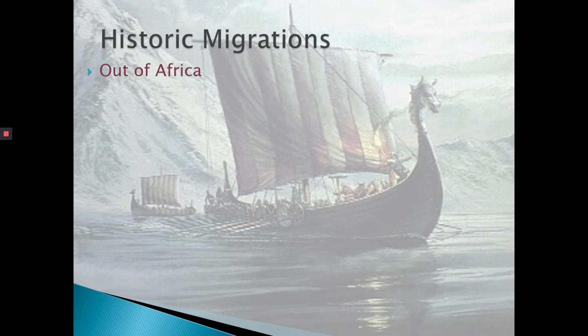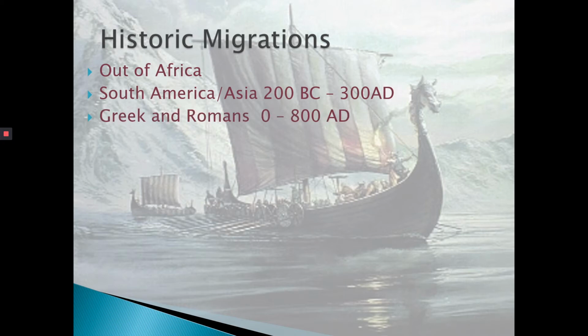Obviously, at one time, there was a massive migration of people out of Africa and the Middle Eastern area. They spread across Asia, they spread across Europe, they made their way to South America and North America. That's the movement of people. We had in the Middle Ages the Greeks and the Romans.